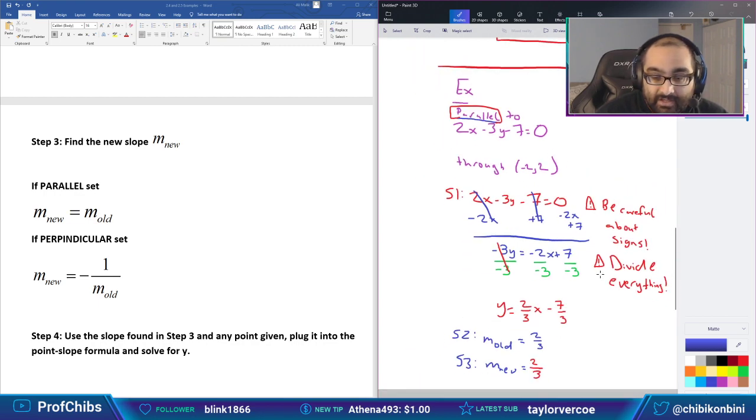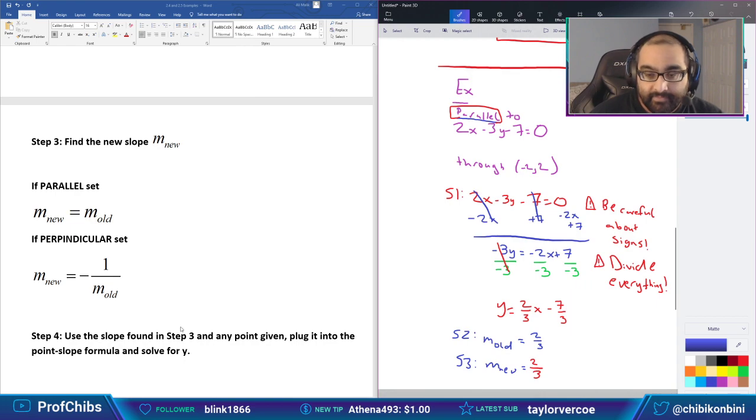Parallel would be 2/3. Perpendicular would be -3/2, not +3/2. So as Steven said here, that's correct, because again, it's the negative reciprocal, the negative flip.